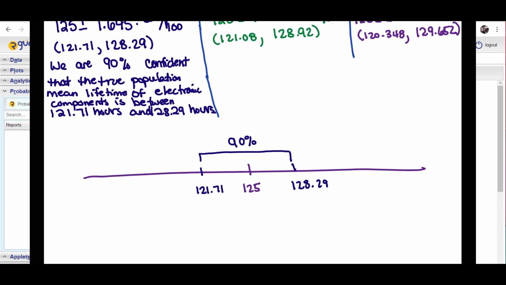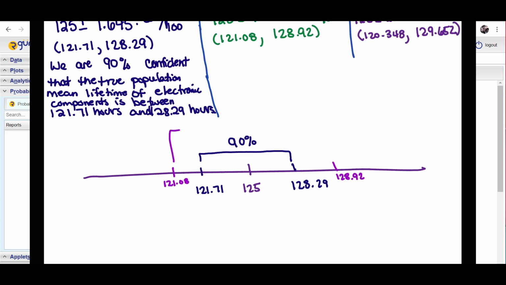Now, where would these other numbers fall? If you think about 121.08 to 128.92, 121.08 is somewhere to the left of 121.71. And 128.92 is somewhere to the right of 128.29.